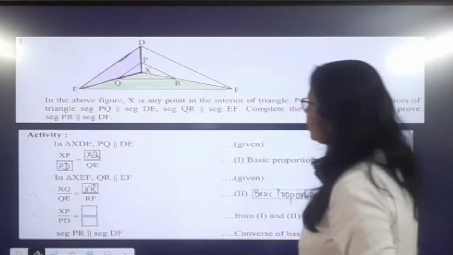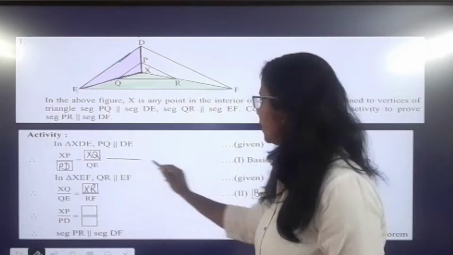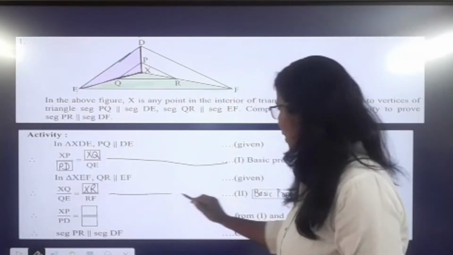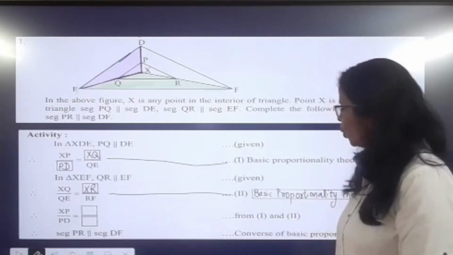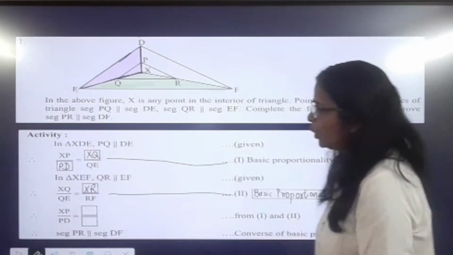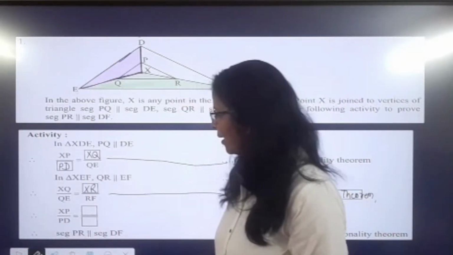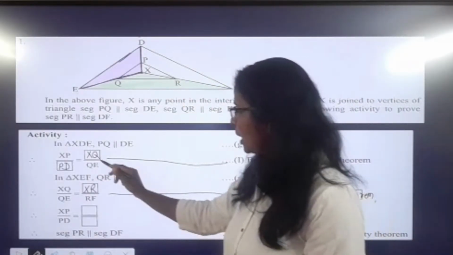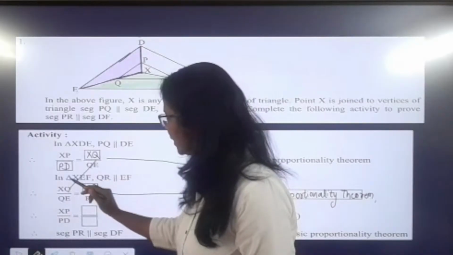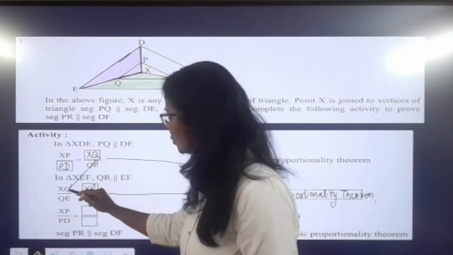Now call this ratio the first one and this the second ratio. From 1 and 2, the ratios XQ by QE are equal, so these ratios are equal.